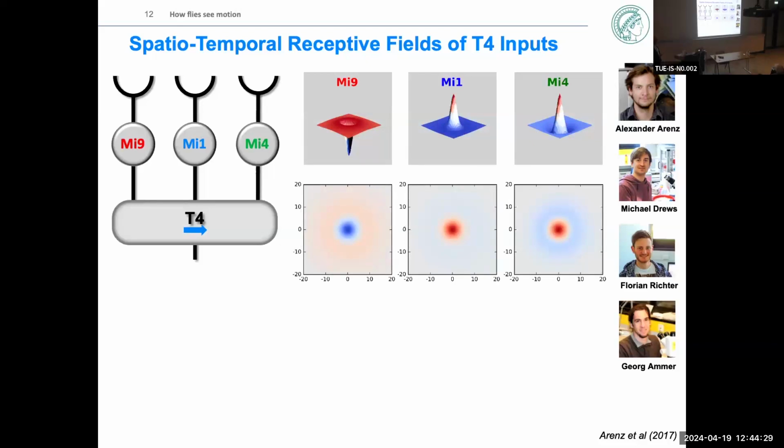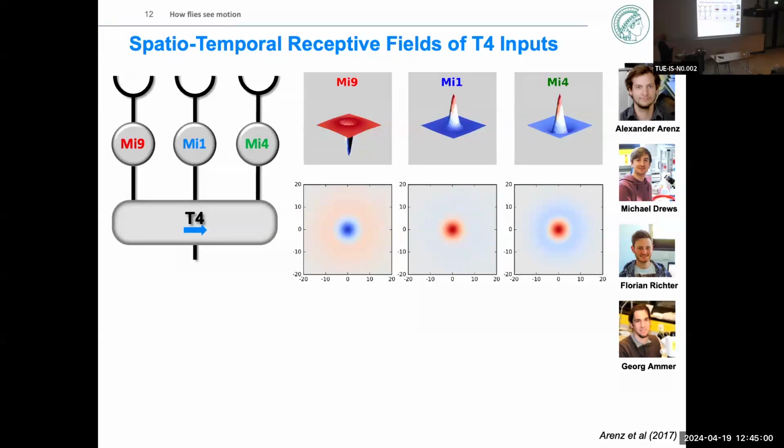Most cells have rather small receptive fields of about 6-degree half-width, with an antagonistic surround. Interestingly, as expected for a T4 cell in the ON pathway, they have ON centers with a slight OFF surround, but Mi9 is odd, right? It is an OFF cell, has an OFF center with an ON surround, yet it belongs to the ON pathway.